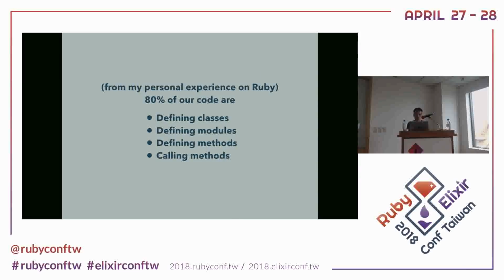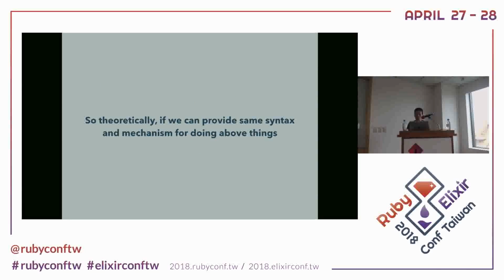And from my personal experience with Ruby, I think around 80% of our code is defining classes or modules or defining encoding methods. So theoretically, if we can provide the same syntax for doing the above things, users can easily port Ruby gems to Gobi with only a few modifications.